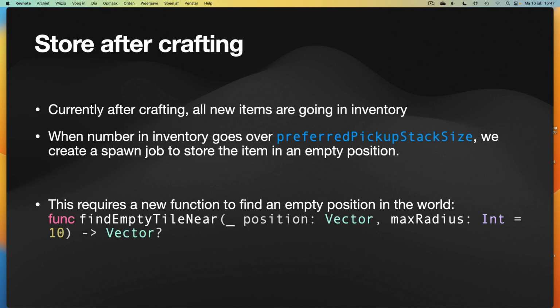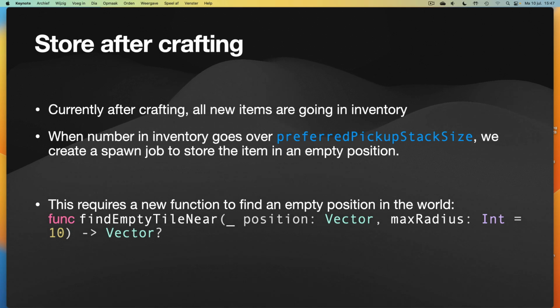What I would like to do is that when these items reach a certain amount, we will reuse the preferred pickup stack size for that. If they have more than that in the inventory, they should spawn a new job, a store job. And we implemented the store job itself in the last couple of episodes.